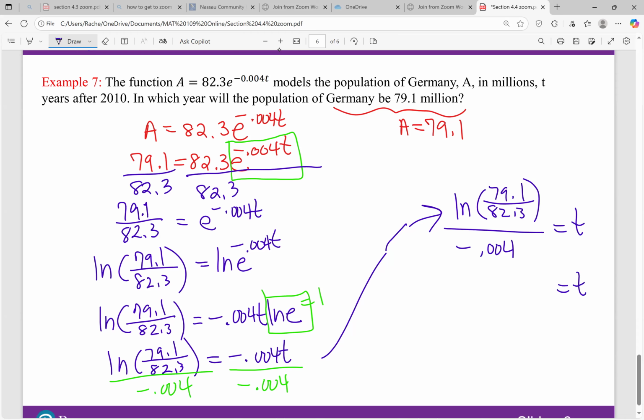And then that we could just plug into the calculator. So we're taking the natural log of 79.1 divided by 82.3, and we want to divide that by negative 0.004.